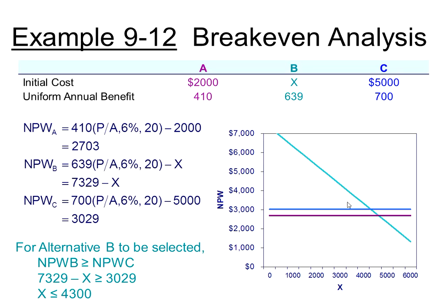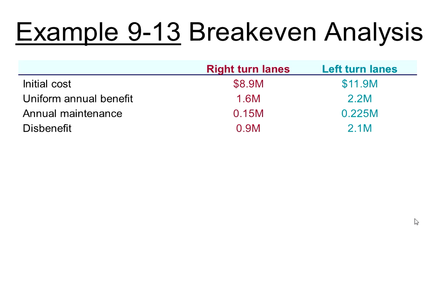So everywhere here we're happier with B, over here we're happier with C, and that's a break-even point.